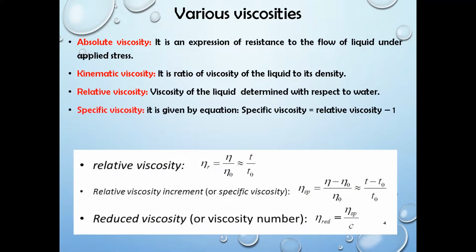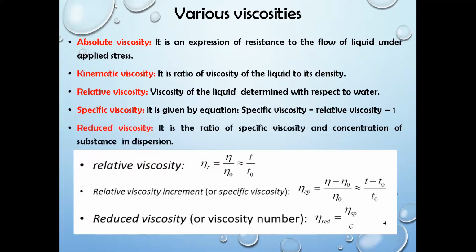Specific viscosity is given by the equation: specific viscosity is equal to relative viscosity minus 1. Then reduced viscosity, that is the ratio of specific viscosity and concentration of substance in dispersion.